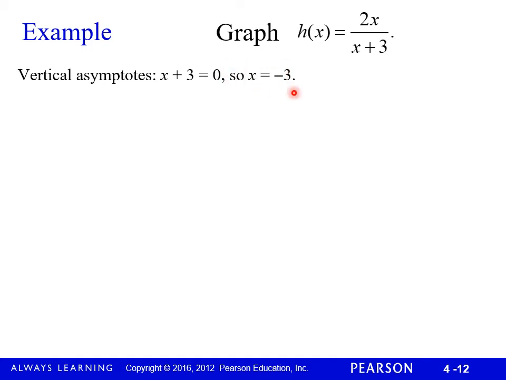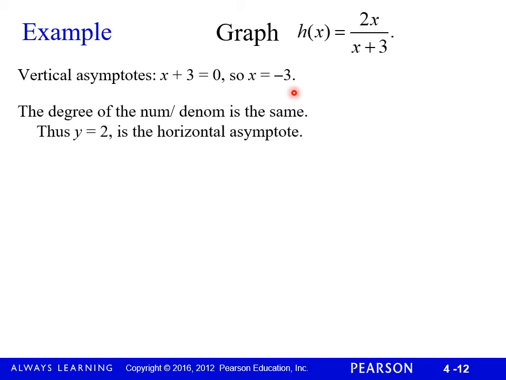So you can go ahead and draw that line from the top to the bottom. Then we want to find the horizontal asymptote. Notice the degree of the numerator and the denominator is the same, degree 1, degree 1. So our horizontal asymptote is the coefficients in front of these two x terms. So we get 2 over 1, or simply y equals 2 is the horizontal asymptote.